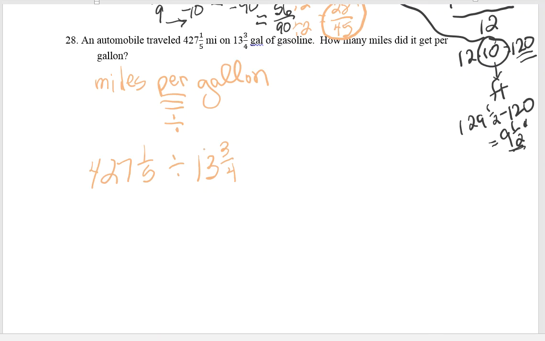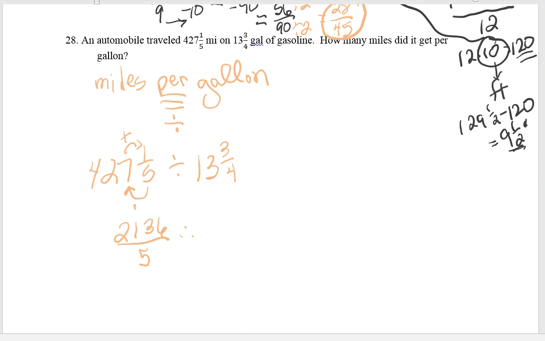First thing we have to do is switch these to improper fractions. So 5 times 427 is 2135 plus the 1, so we get 2136 over the 5 because we don't change the bottom of the fraction.